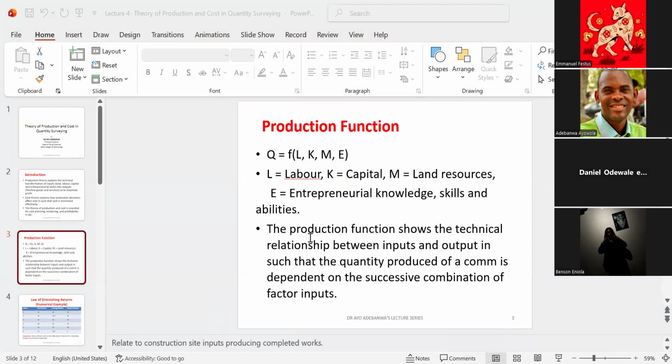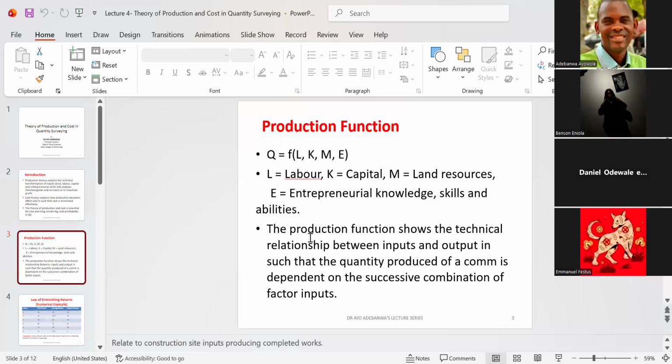There's a guy whose mic is on, and I can't hear what you are saying because of him. So you talk to the guy. You are the governor. I've told him to mute, I've been calling him. So Daniel Odewale, mute yourself. Your mic is affecting the class. All right. I think he has done that.